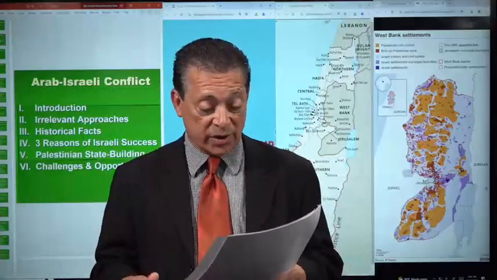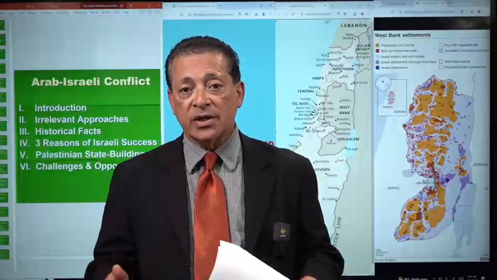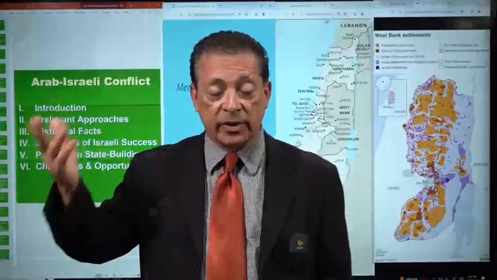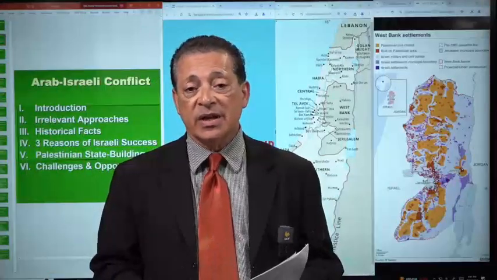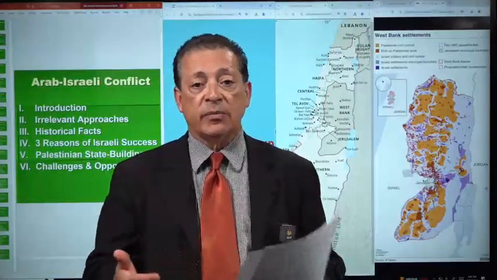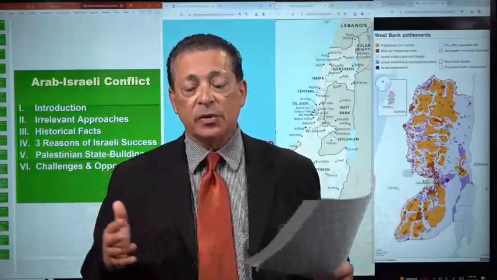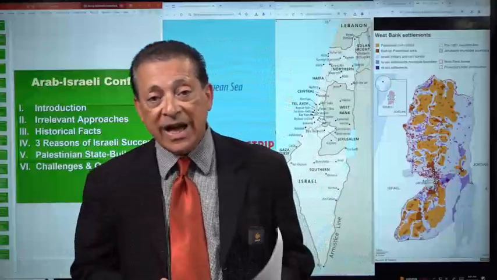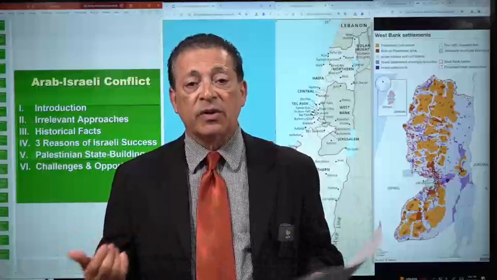Students throughout the years, because I've taught this course so many times that I could do it without my PowerPoint, have told me: Dr. Sadri, it's wonderful that you have provided all these facts and details, but sometimes we lose the big picture. So what I'm going to focus on today is that big picture. I want to make sure everybody has that in mind, and then we go from there.